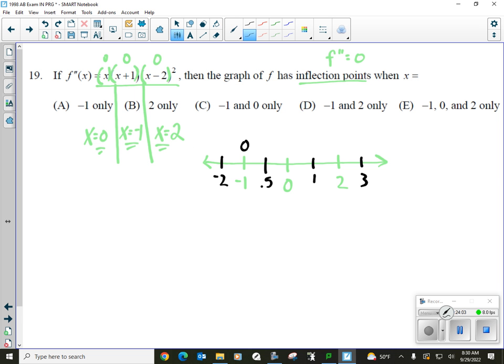Here is where my second derivative is equal to 0, here, here, and here. So I want to see if I get pluses and minuses. I need my sign, either positive or negative, to change around those zeros. That's where an inflection point happens. Let's start with 3. If I throw a 3 into the second derivative, I get a positive 3, a positive 4, and a positive 1 squared.